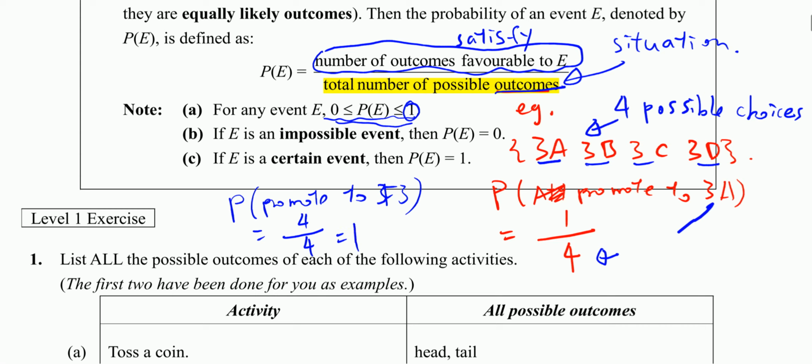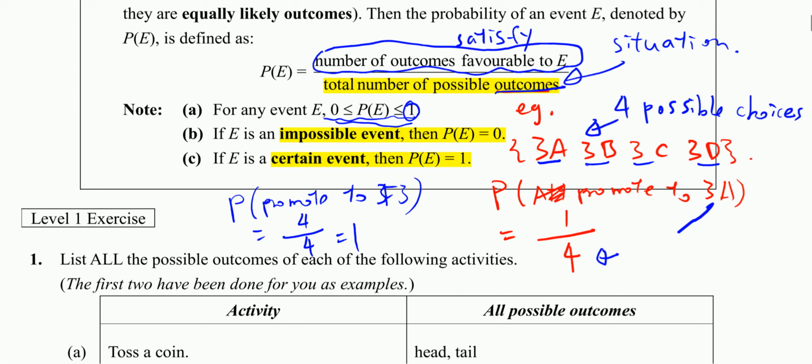That is certain, one of the classes. So a probability of 1 means it will certainly happen. And for an event which is impossible, we denote the probability as 0.